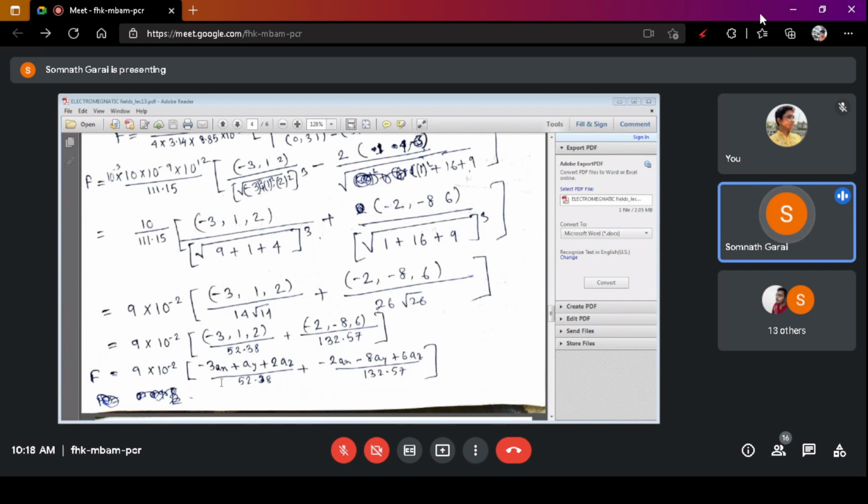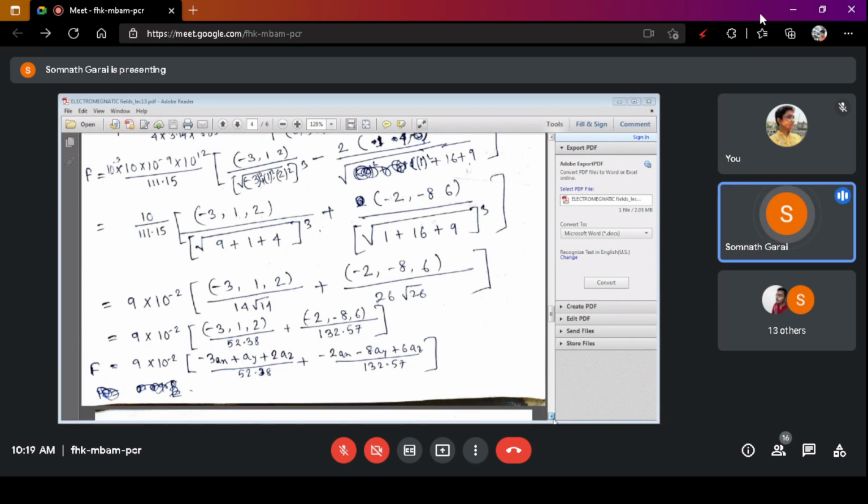The second vector is minus 2 ax minus 8 ay plus 6 az, divided by its magnitude, 52.38, and the other magnitude, 132.57.